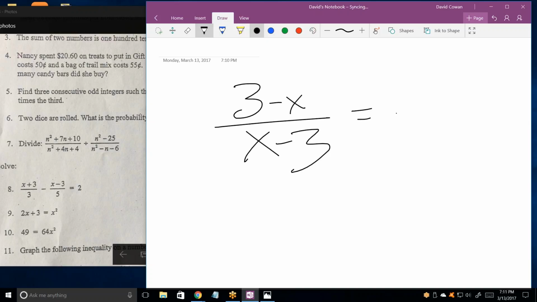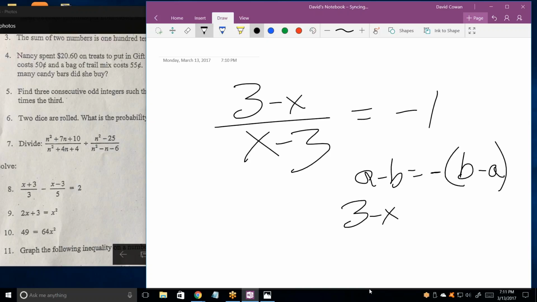Minus 1. In other words, a minus b is always equal to the negative of b minus a. So 3 minus x is equal to the negative of x minus 3, which means that 3 minus x divided by x minus 3 is equal to negative 1.